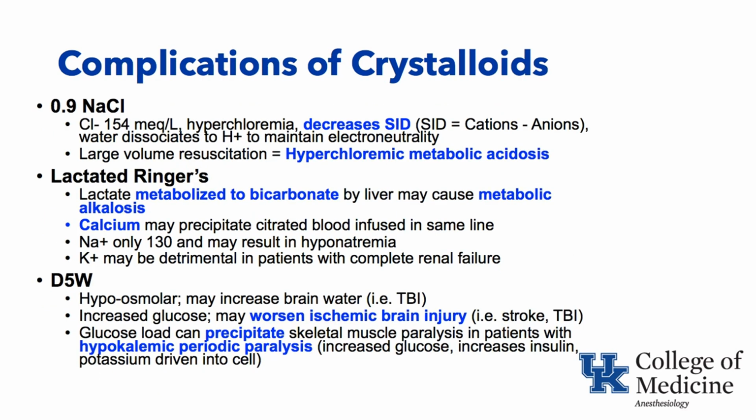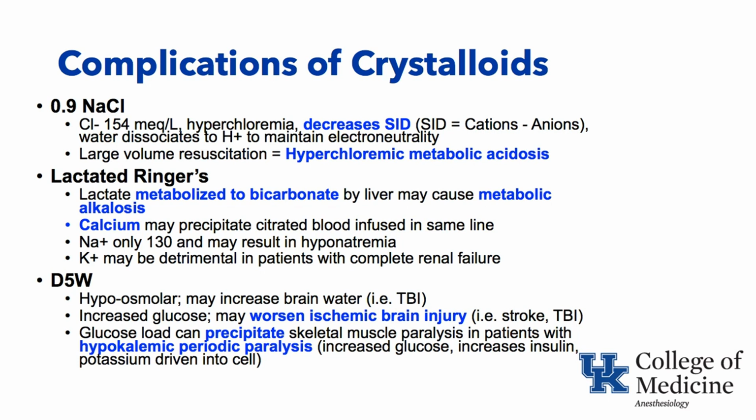Some complications of crystalloids are listed here next. We'll start with saline. 0.9 normal saline has a chloride of 154 milliequivalents per liter. It's very hyperchloremic. Lots of that chloride anion hanging around. Strong ion difference by definition is cations minus anions. So if I give a lot of chloride to a patient, that's an anion, so cations minus anions becomes narrower, a decrease in the strong ion difference.